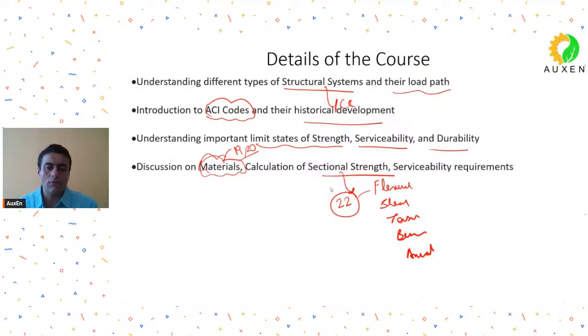So this is how ACI 318 is organized. In chapter 22, they have gone ahead with the strength calculation, sectional strength. In this chapter, the flexural, axial, one-way shear, torsion, and bearing strength calculations are covered.